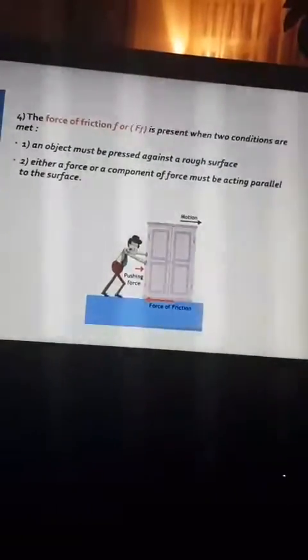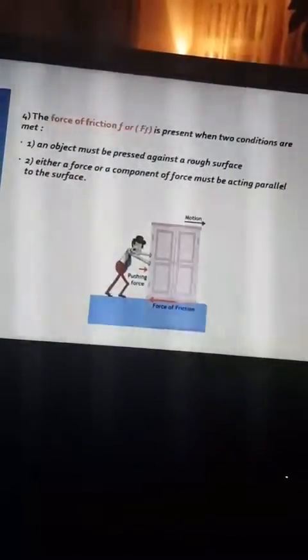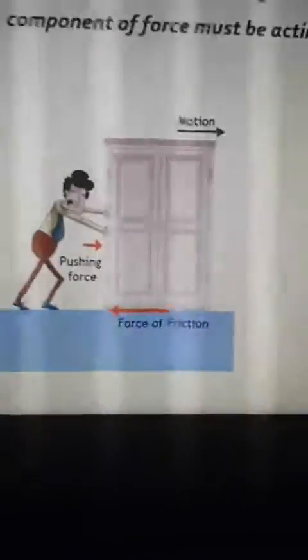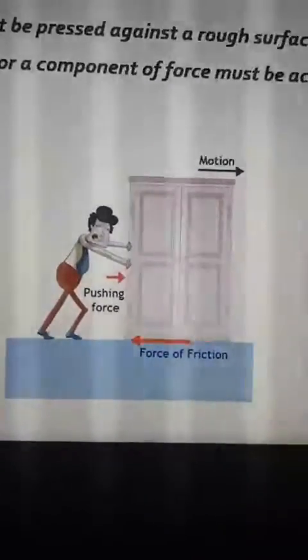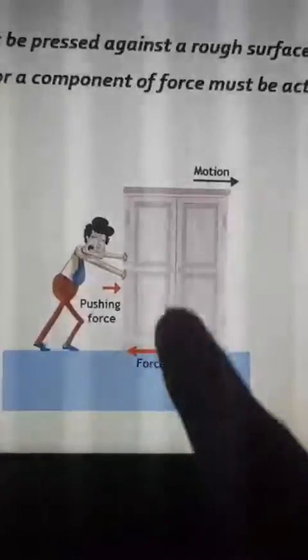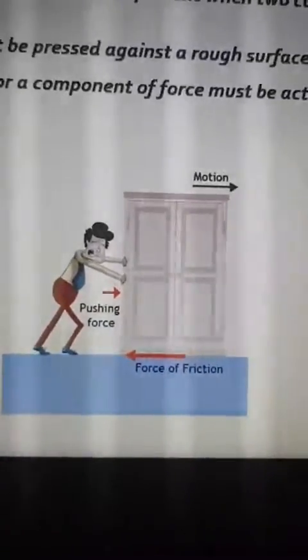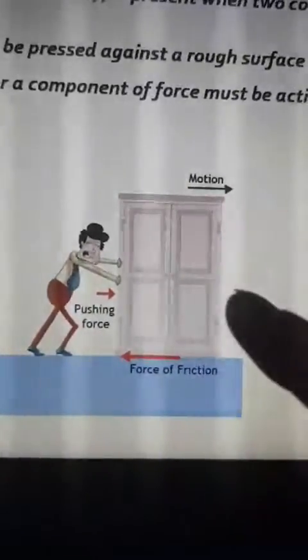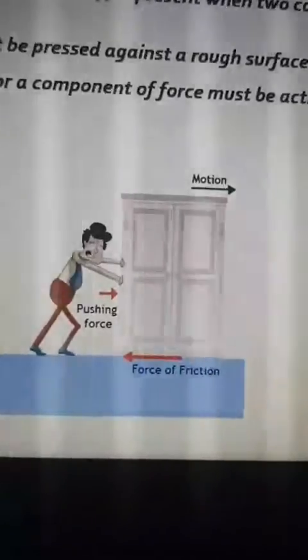Number two, either a force or a component of force must be acting parallel to the surface. Look here to understand. So two conditions, we need them for friction. Number one, the object is in contact with the surface or a rough surface.